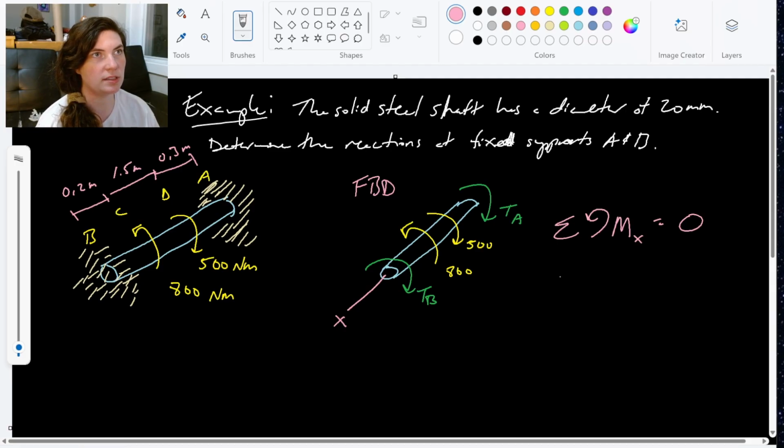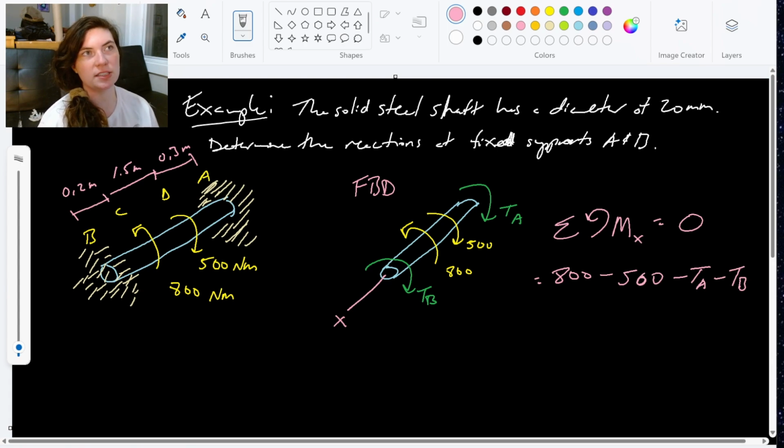Because the sum of our moments is 0, all we're doing is adding the torques together. There's no applied forces. There's nothing really complex going on here. It's just some torques. So we've got 800 minus 500, those are our two applied ones, minus TA minus TB.